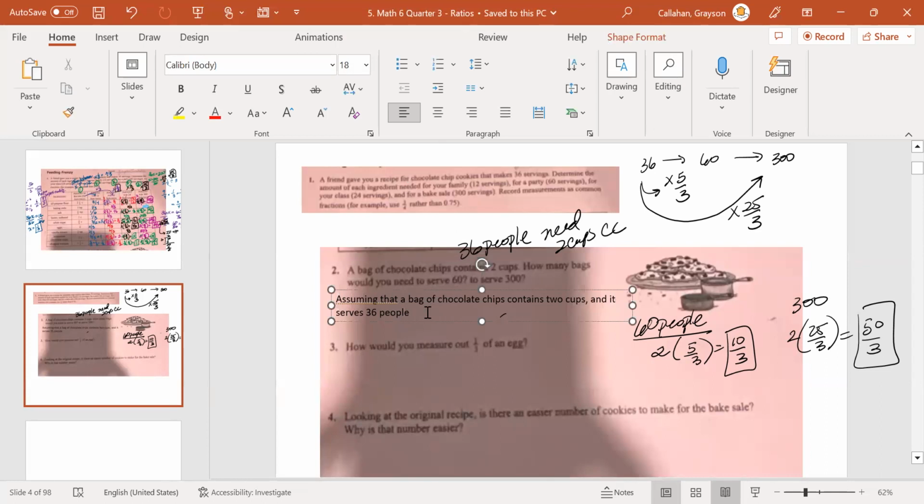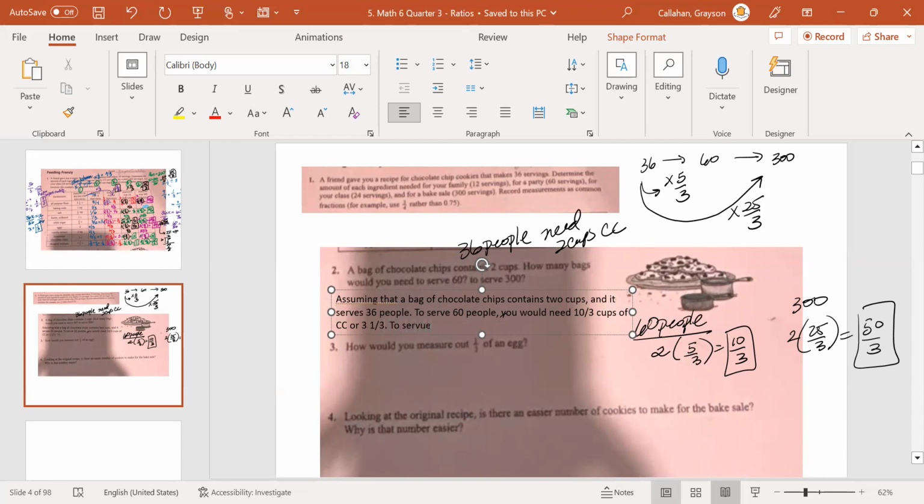So assuming that a bag of chocolate chips contains 2 cups and it serves 36 people, to serve 60 people, you would need 10 over 3 cups of chocolate chip, or if you write that as a proper fraction, 3 1/3, right?